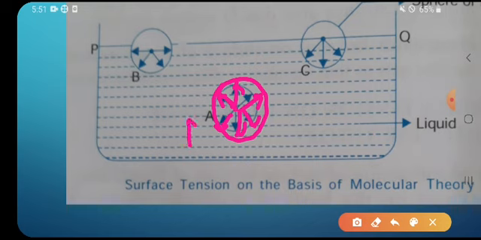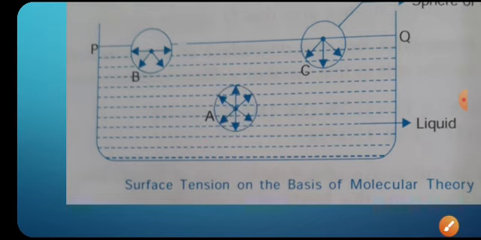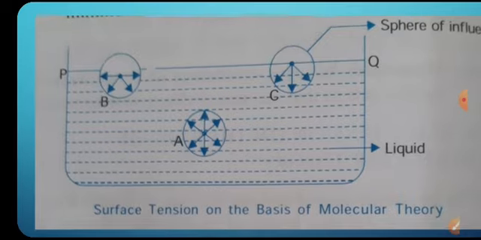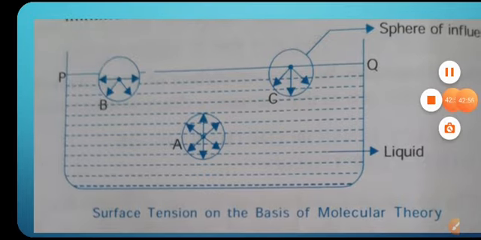Observe sphere A. It is inside the liquid, so all the neighboring particles act simultaneously on this sphere A. So the net resultant force becomes 0, so it does not move in any direction.